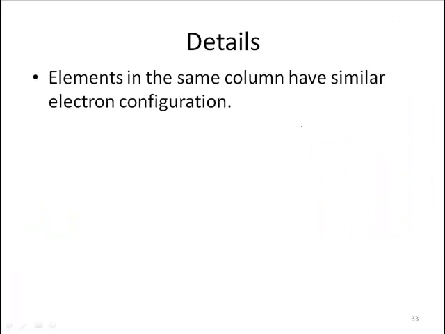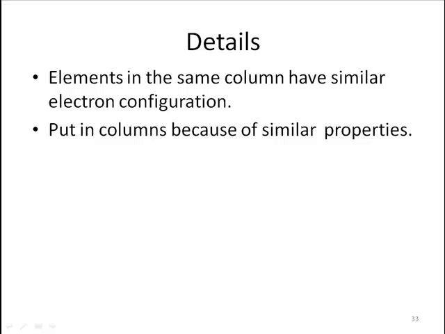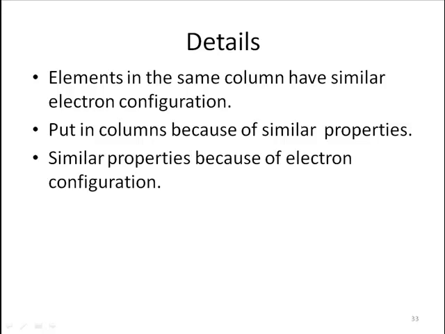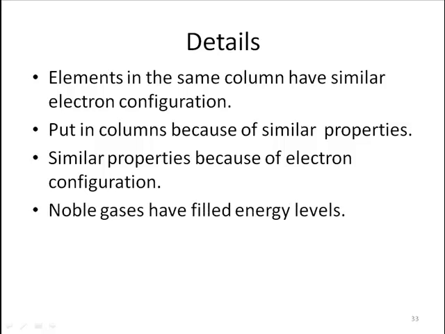Details about electron configuration: elements in the same column have similar electron configurations. They were put in columns because of similar properties by Mendeleev first. Similar properties because of electron configuration. Noble gases have filled energy levels.